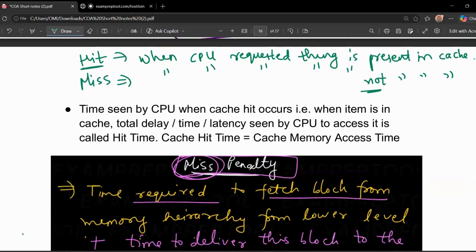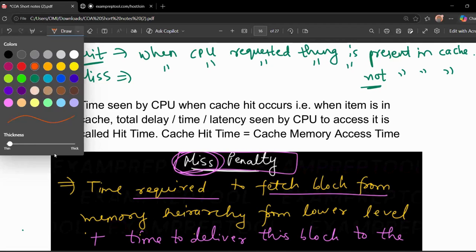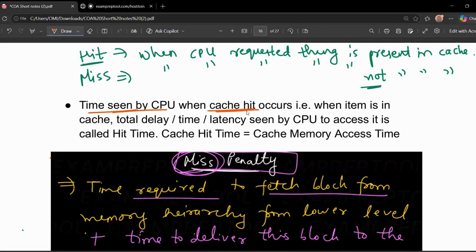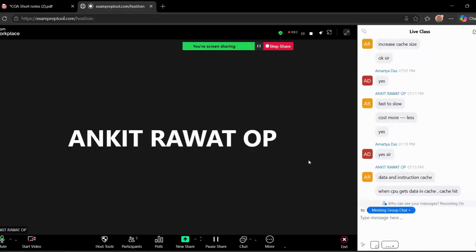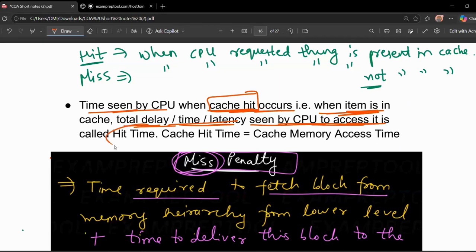Now see, the time seen by the CPU when a cache hit occurs, when the item is in the cache. The total delay or latency seen by the CPU to access it is called the hit time.